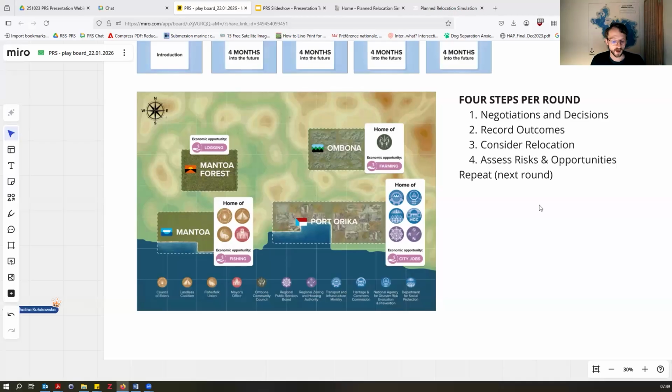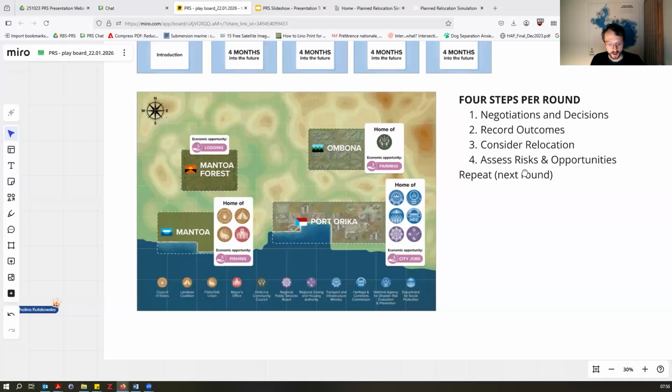I'll give you a very brief pitch: Mantoa has been hard hit by coastal impacts in recent years. It's attracted a lot of attention in the media and in national policy for that, and it's being considered and discussed as potentially one of the first places in the country that will require relocation.